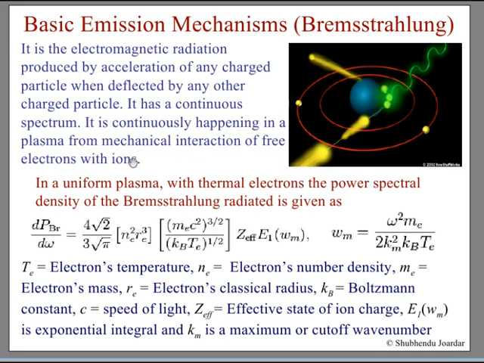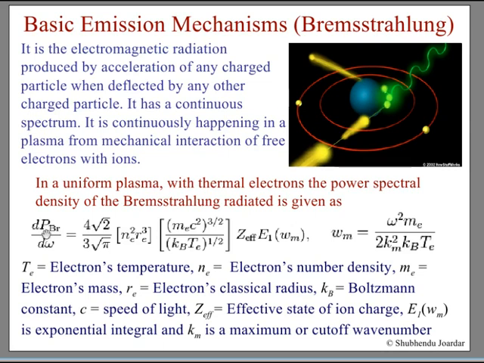It continuously happens in a plasma from mechanical interaction of free electrons with ions. In a uniform plasma with thermal electrons, the power spectral density of Bremsstrahlung radiation is given as, well, you don't have to go into very much detail of this. These things you can always find in books, and maybe we may not be able to use this in our applications, but this is just for knowing it.